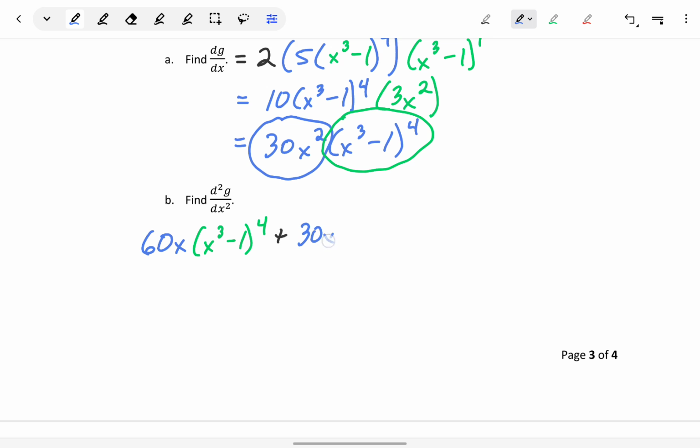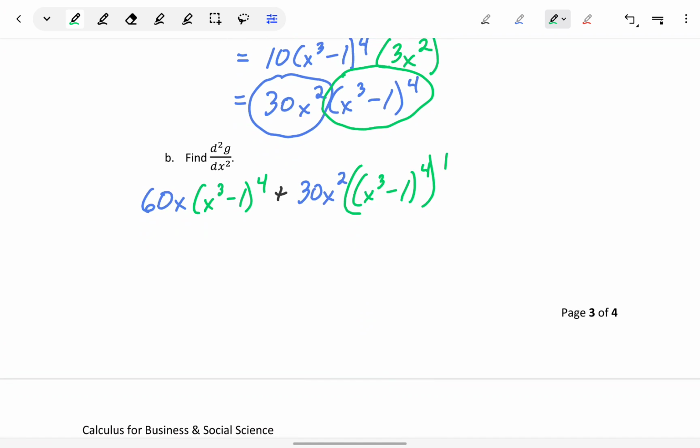plus 30x squared times the derivative of the second function, which will require an application of the chain rule. So finding just the derivative of x cubed minus 1 to the fourth, we'll get 4 times x cubed minus 1 to the third power times the derivative of x cubed minus 1.